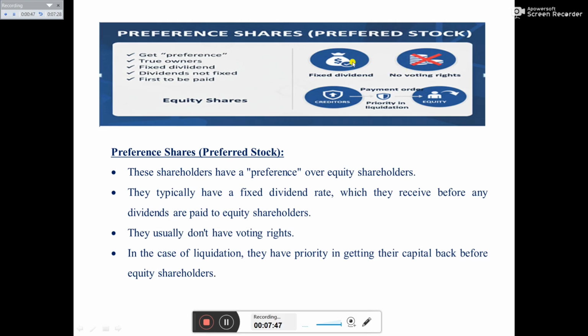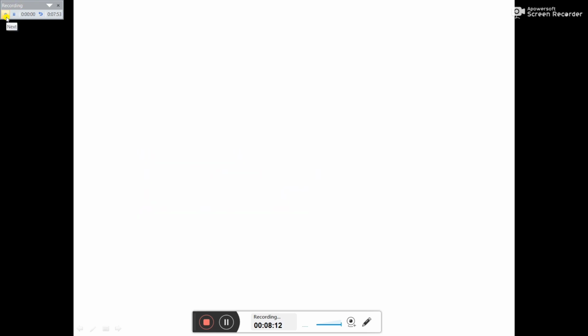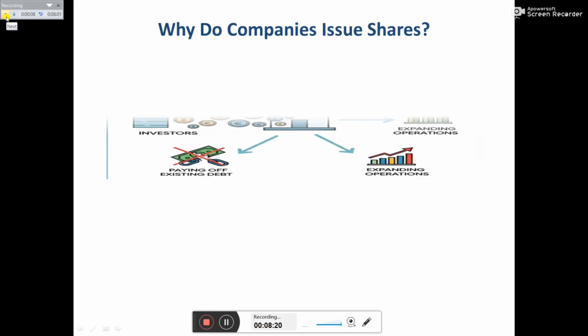They get fixed dividend on their capital, and at the time of liquidation, closing the company, they get paid after the creditors, along with their interest. After that, the equity shareholders get the amount. So this is about the next concept. Next, why do companies issue shares?